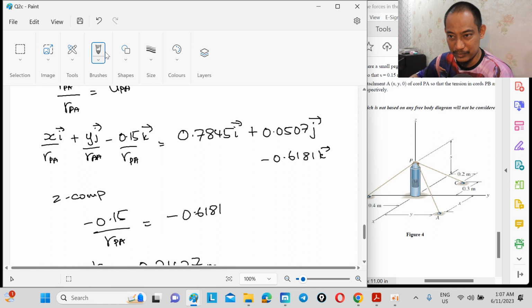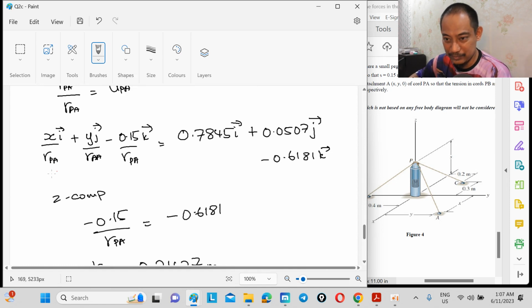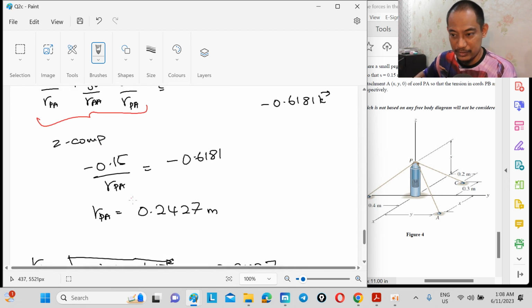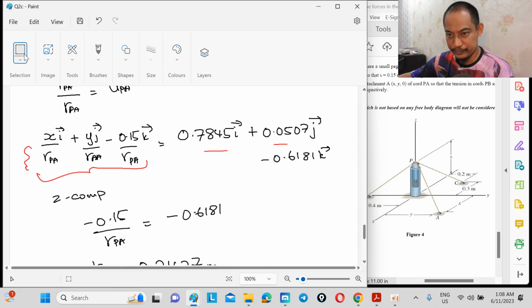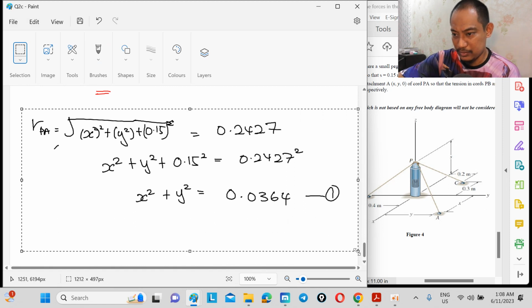Because I don't have everything on paper, so okay. So we already have this, and since I have already solved RPA, meaning down here is already solved, I can use this and this to solve for x and y. So meaning this is not needed.